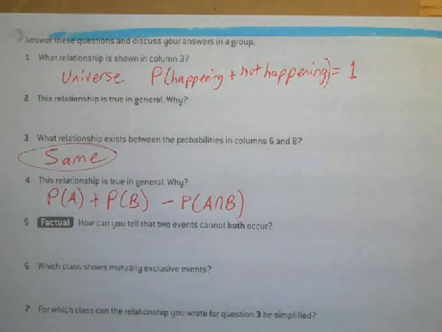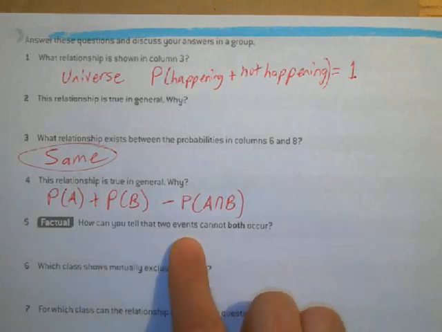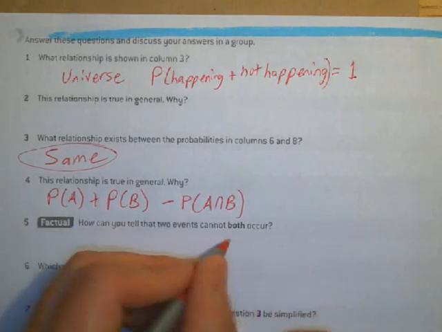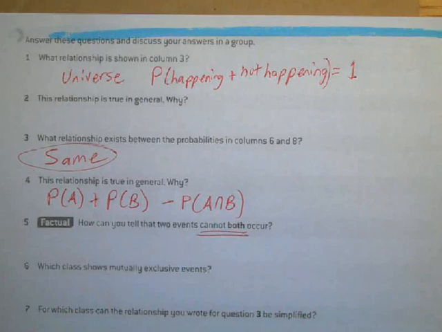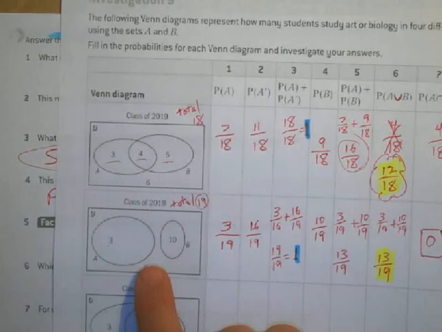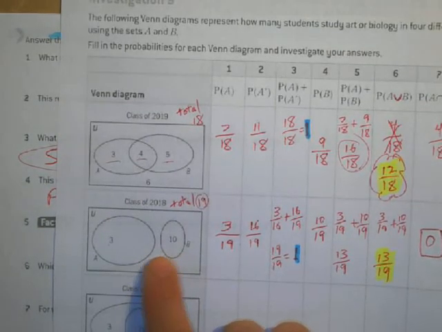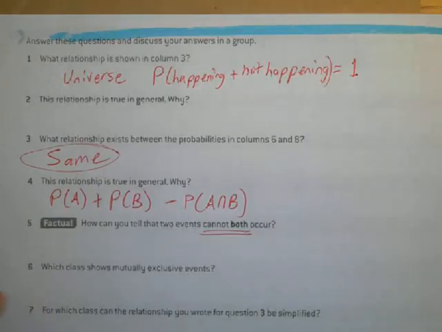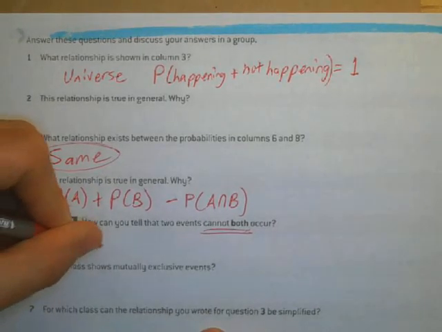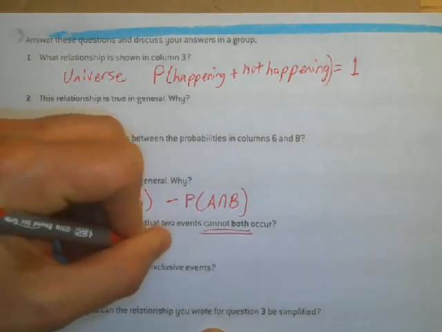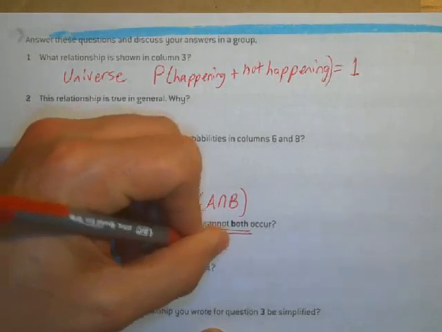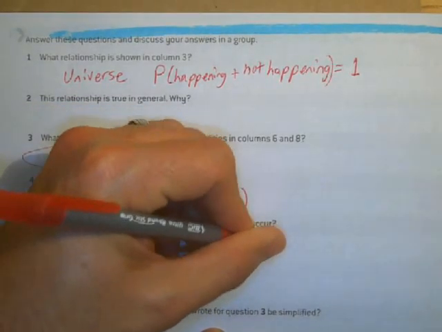Okay, how can you tell that two events cannot both occur? Okay, if two events cannot both occur, that means that the circles don't overlap. Okay?